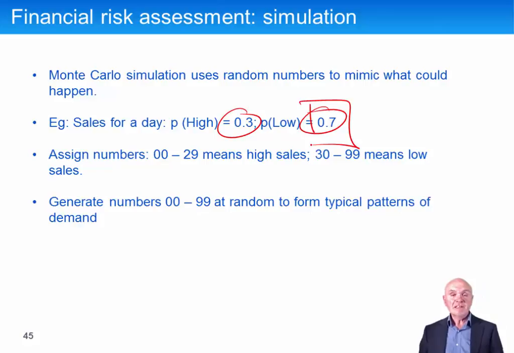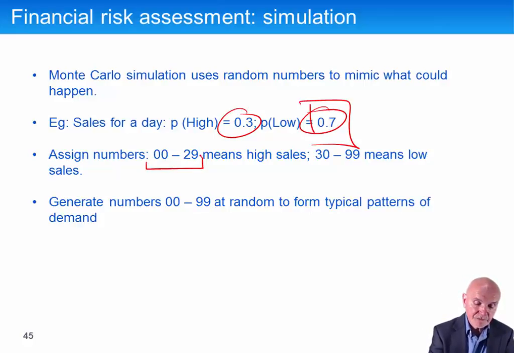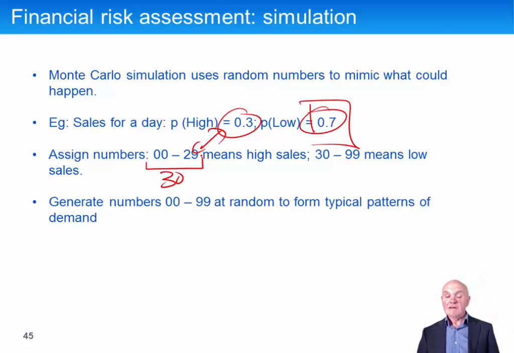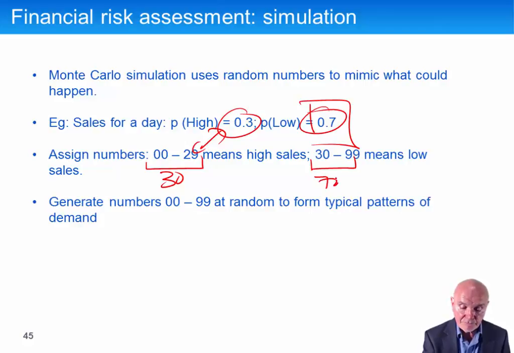So what you do is you take these probabilities, and we're going to be using 2-digit random numbers, and in here 00 to 29 you have 30, and in the other ones here 30 to 99 you have 70. So our numbers 00 to 99 represent your 30% of high sales days and your 70% of low sales days.